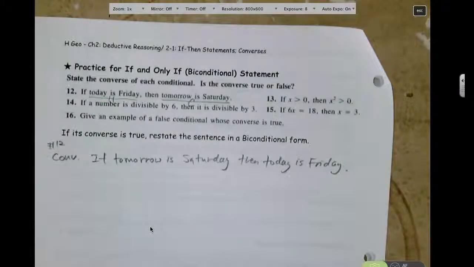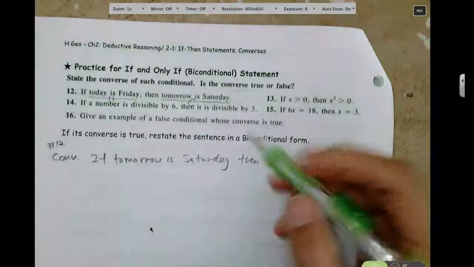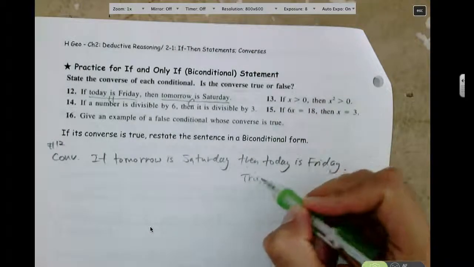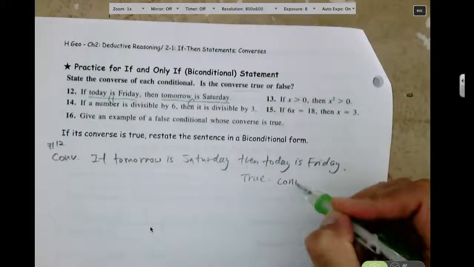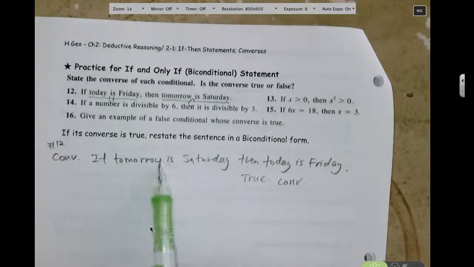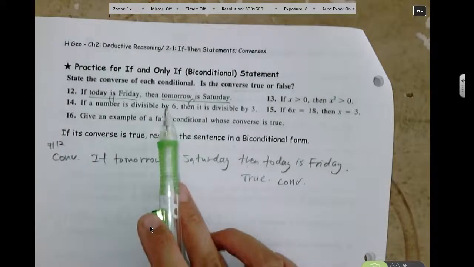Is this converse true? It has to be true, right? That's a true converse. And therefore, you can rewrite this into a biconditional.